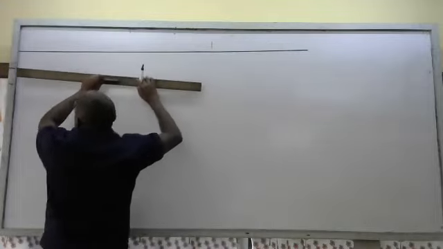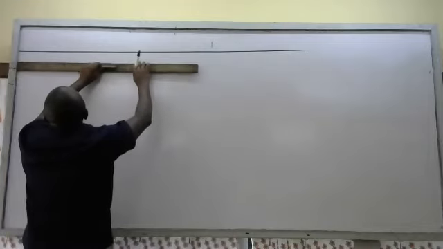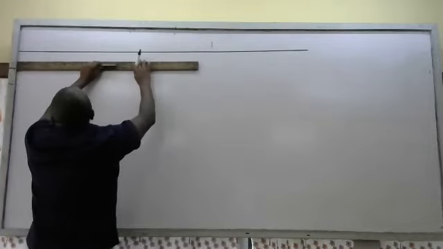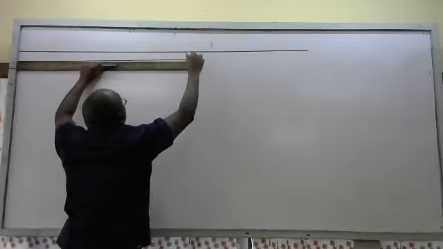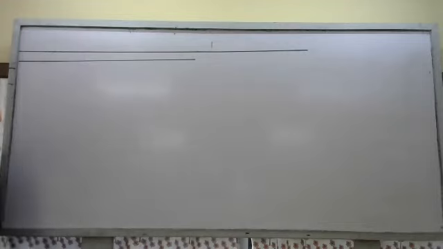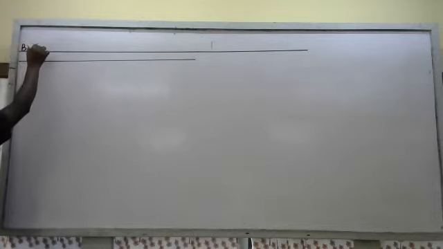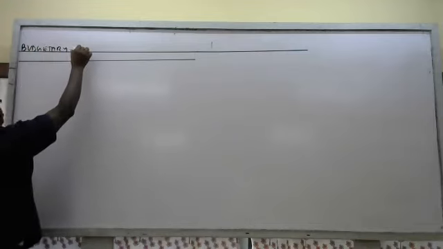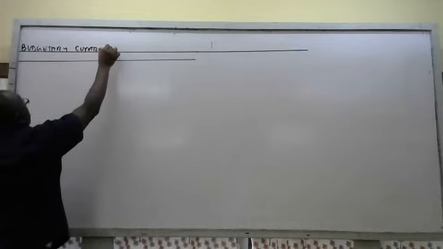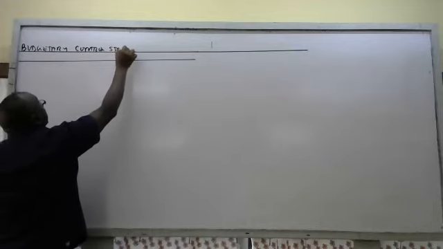There are many columns. But we shall create the columns or divide them as we fill in. So this one is called budgetary control statements.